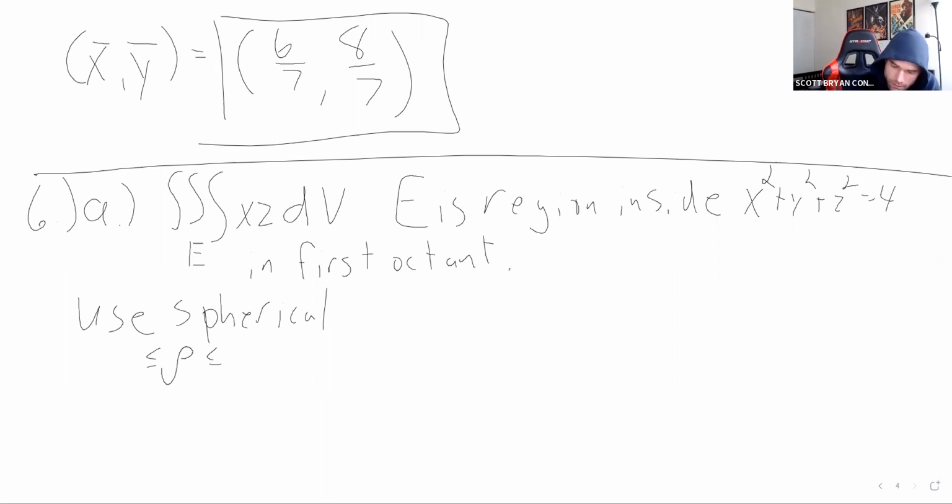Let me sketch, do my best here. So pretend that's our quarter sphere, or our eighth of a sphere here, the bit of the sphere in the first octant. So we need to find our bounds for rho, phi, and theta.